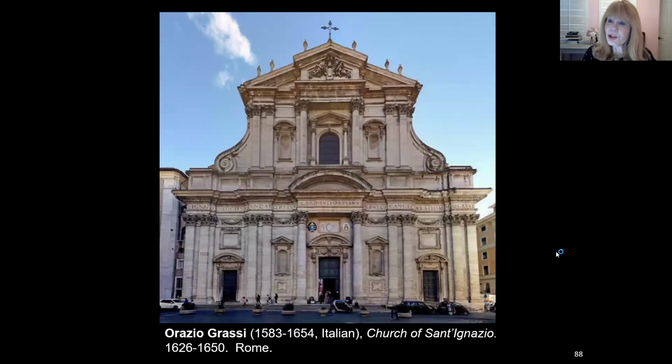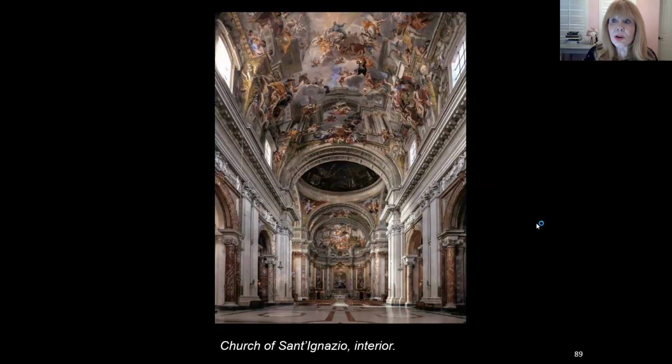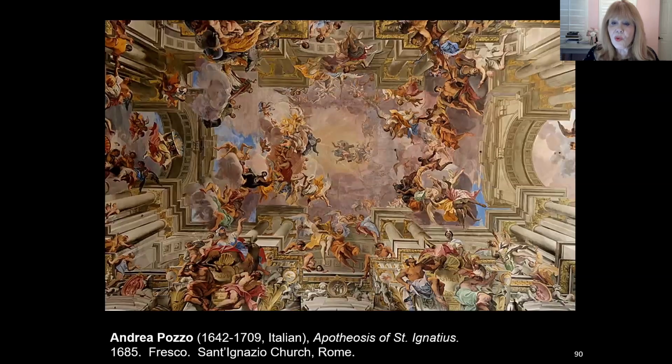In the Church of Saint Ignatius, Ignatius was the founder of the Jesuit community. An incredible ceiling in here. And this is also done in a type of trompe l'oeil, where looking upwards, it's an architectural kind of trompe l'oeil.